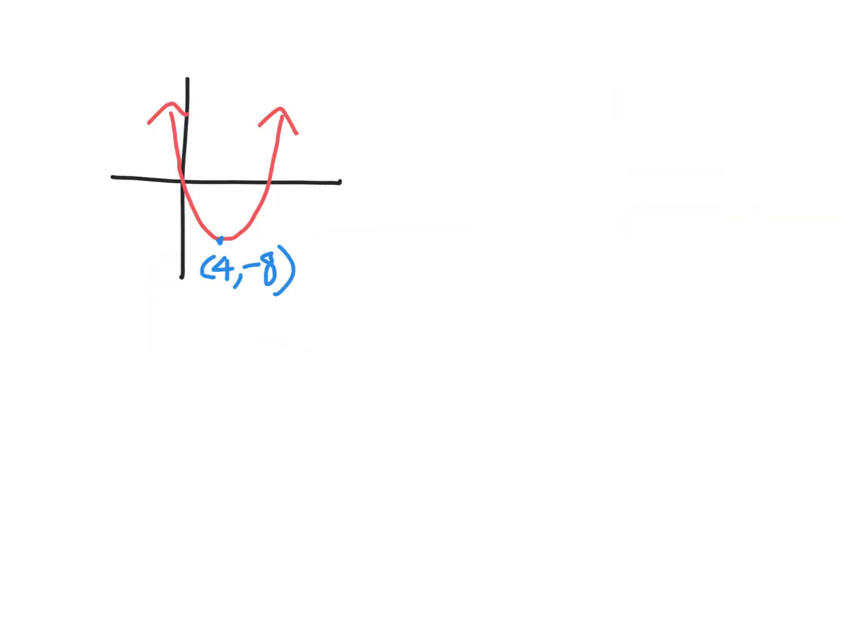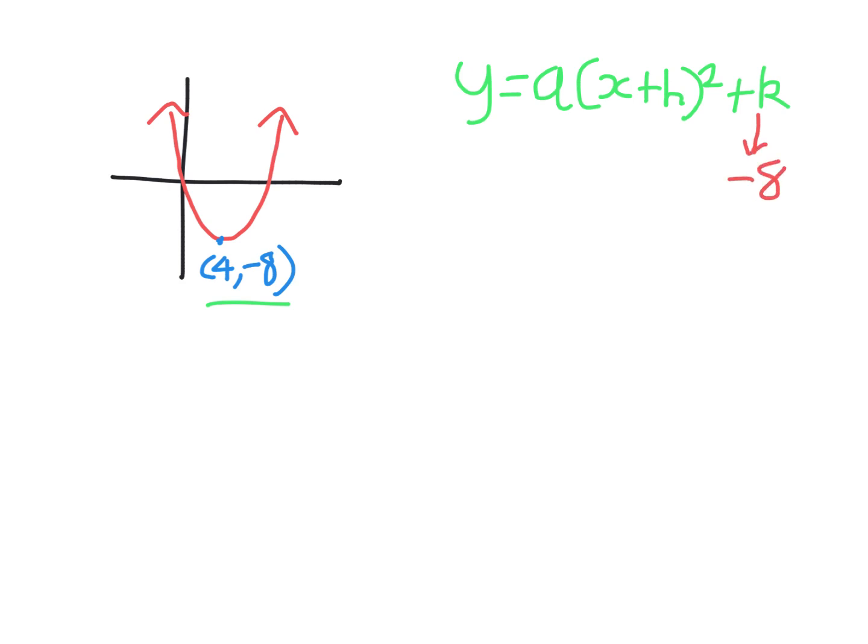So we're going to find the equation of this parabola here. Now we are given the turning point, so let's use the turning point form. The equation of this parabola can be written in the form y equals a(x plus h) squared plus k. So because the turning point is 4 and negative 8, it means that k will be negative 8. Now h won't be 4, it's negative 4.